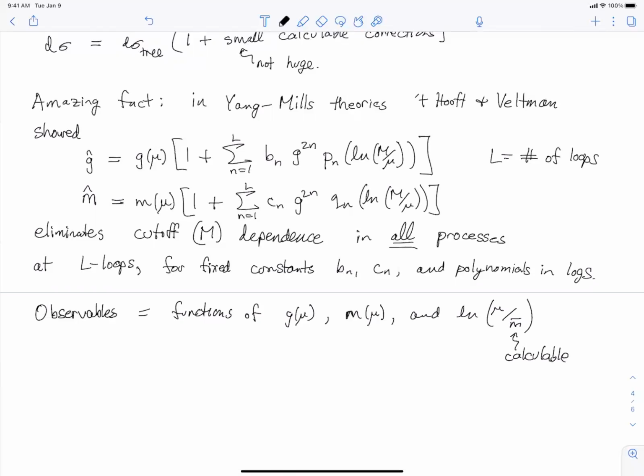And their characteristic size is whatever the characteristic energy scale of the problem you're doing.